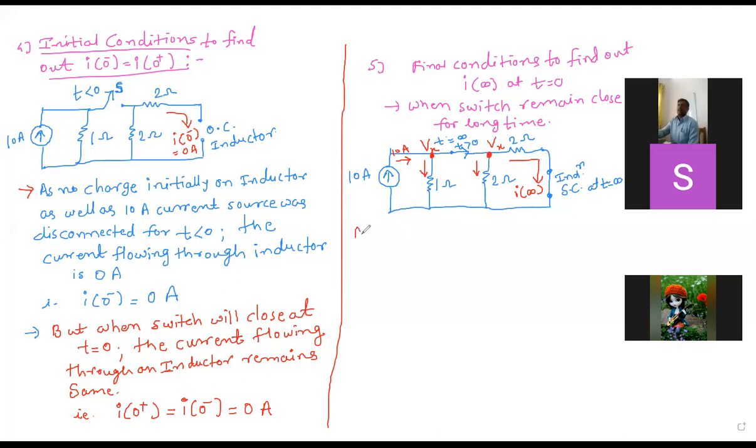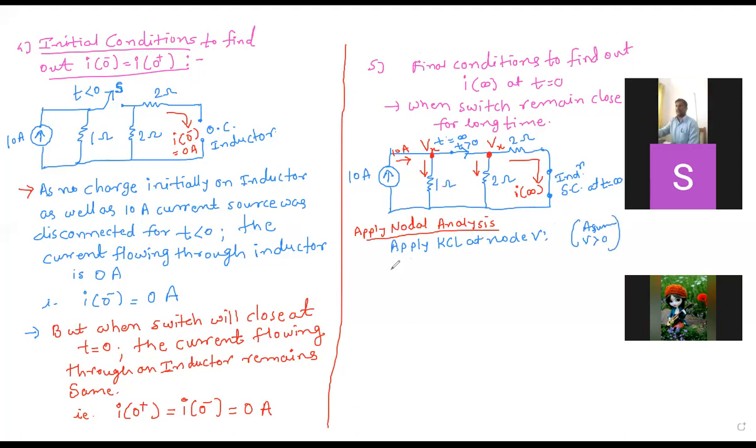So I will apply nodal analysis here. Apply KCL at node Vx. Assume that Vx is greater than 0 for all these three branches, 1 ohm, 2 ohm, and 2 ohm.